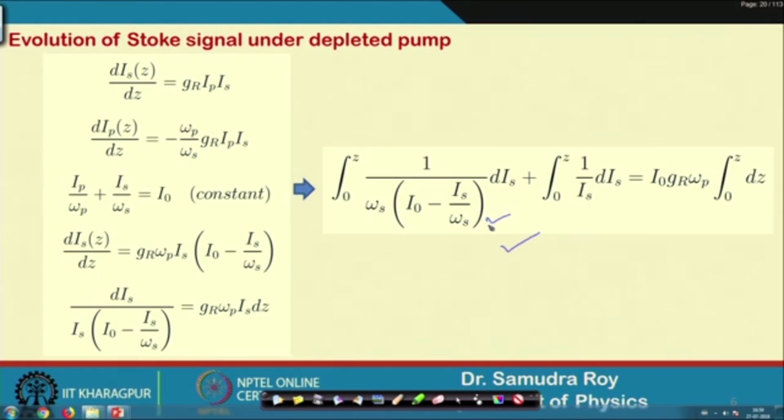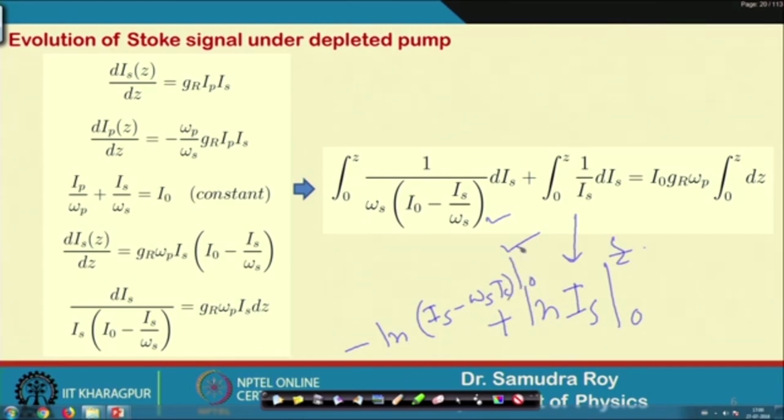If I do this separation, then it will be easier for us to integrate, and this integration gives ln of I s with the limits 0 to z with a plus sign, and minus ln of I s minus omega s I 0 with the limits 0 to z. These are the two integrations we have, and we can evaluate them quite easily.